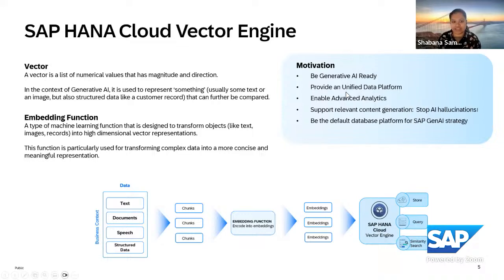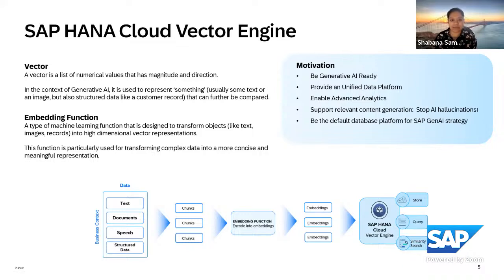Coming to what motivated us to come up with the dedicated SAP HANA Cloud Vector Engine. The introduction of the HANA Cloud Vector Engine is driven by the need to enhance the capabilities of the SAP HANA Cloud platform itself, especially in being generative AI ready, as we see that the businesses around us have taken this AI and Gen AI route.